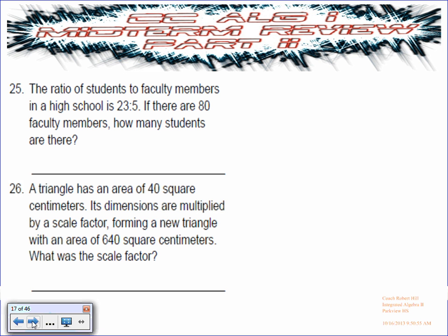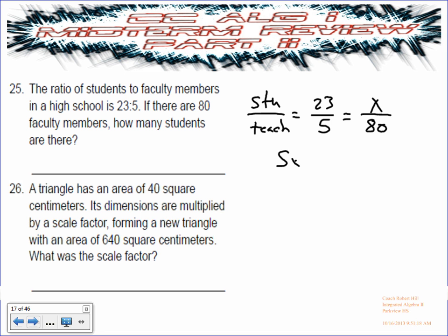The ratio of students to faculty members in a high school is 23 to 5. So students to teachers. So students is 23 to 5. If there are 80 faculty members, you got to put the 80 in the right place. How many students are there? So 5x equals 23 times 80.